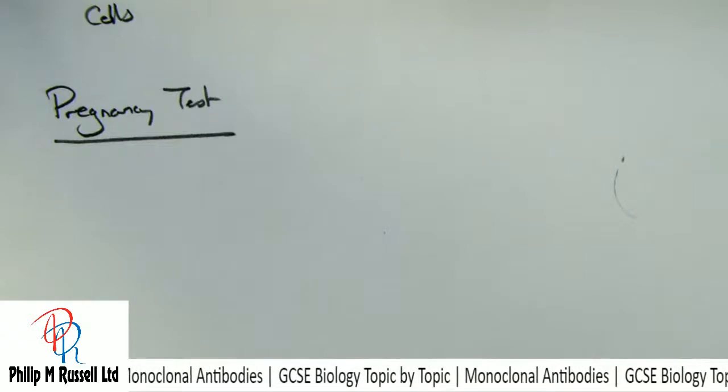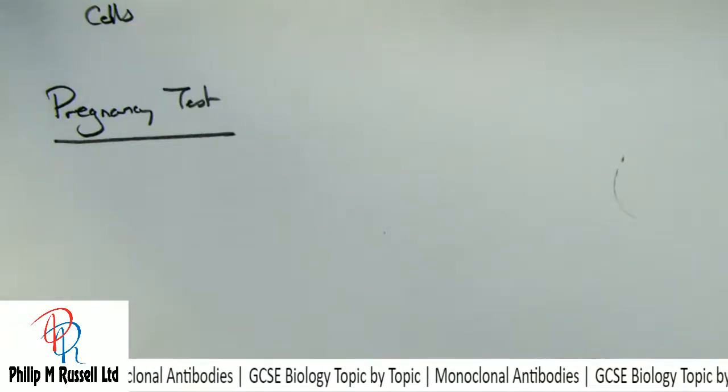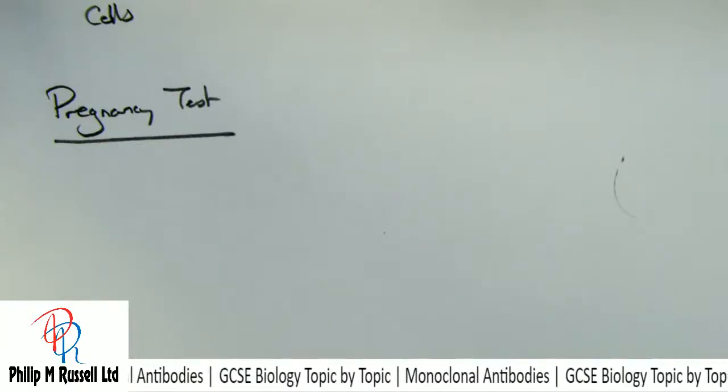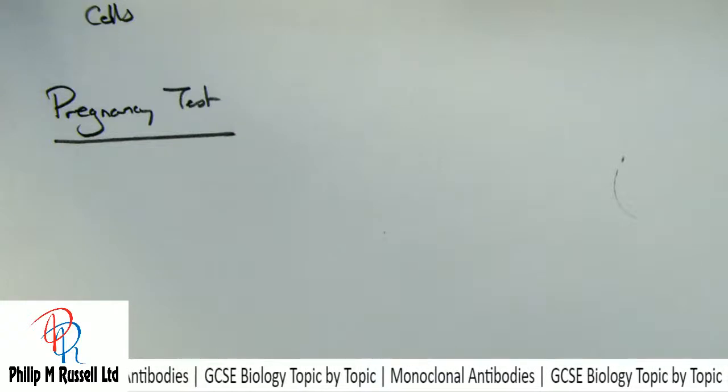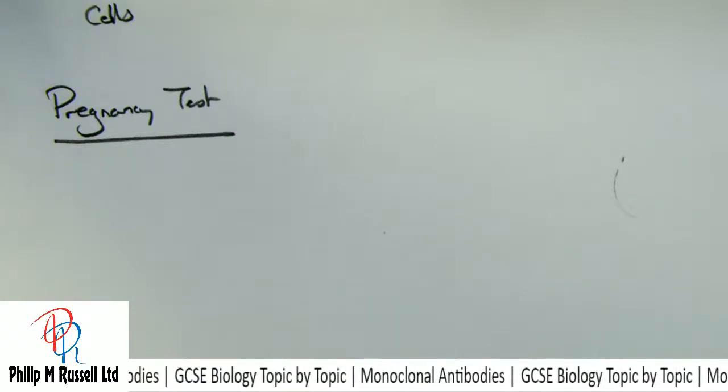So we know that the monoclonal antibodies are antibodies from a particular cell. Now, trying to identify that cell is reasonably difficult.